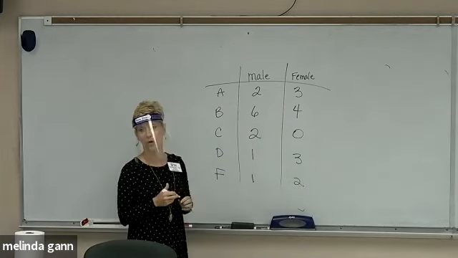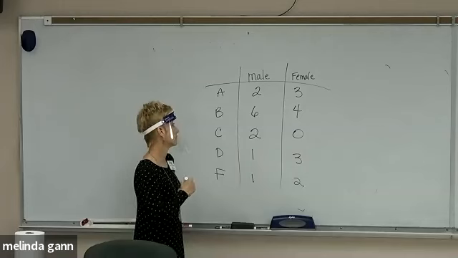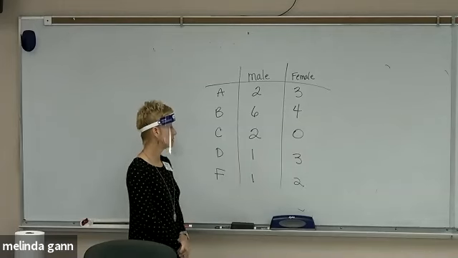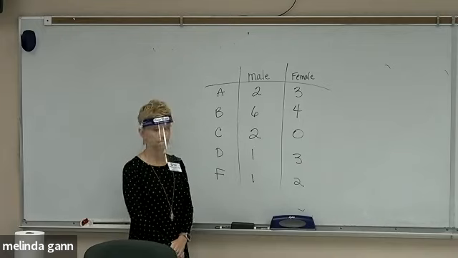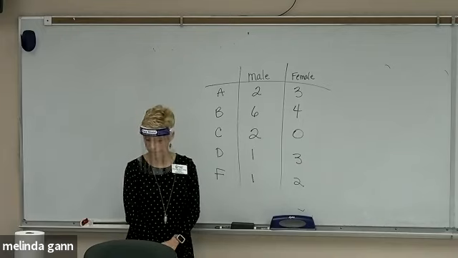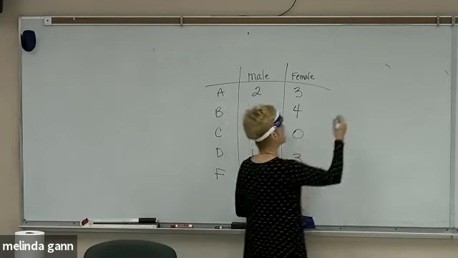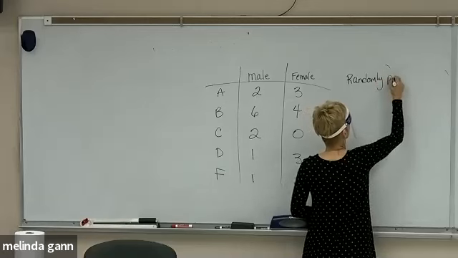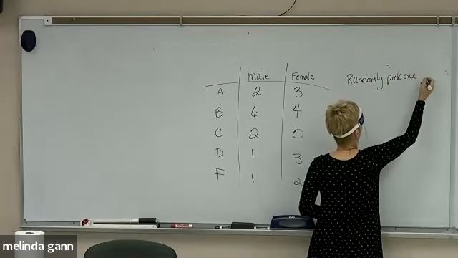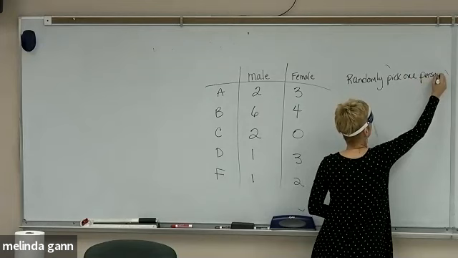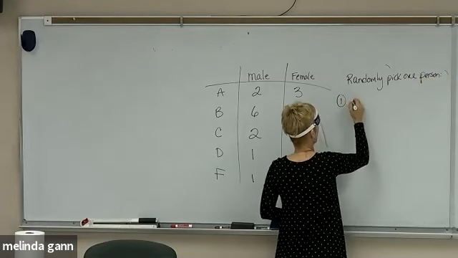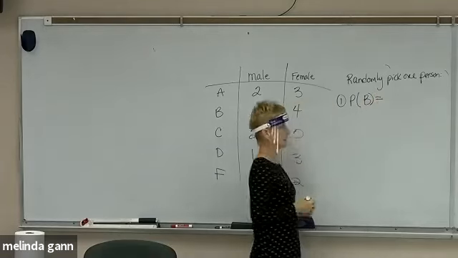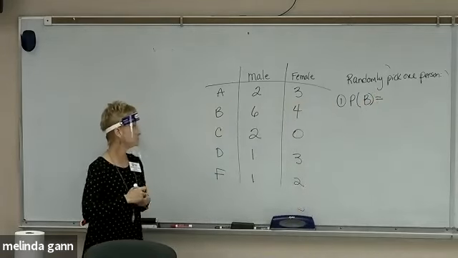Because that's the makeup of the grade distribution right there. All right, I'm going to randomly pick one person, like a name. And I want to know what's the probability that this random person made a B. So you go find me that.